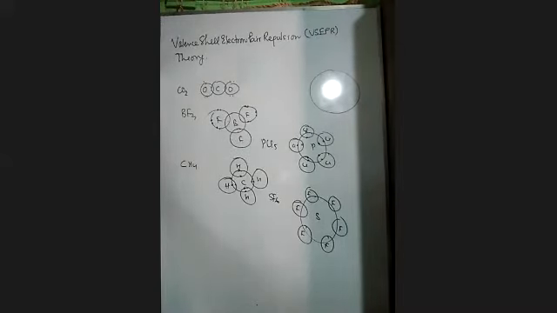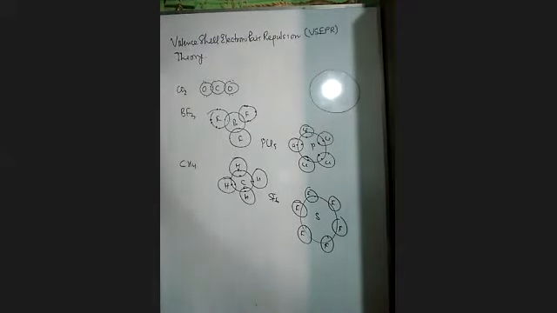All the electrons present in the valence shell may not participate in bonding. So after the formation of a molecule you will find two types of electrons. Some electrons have taken part in chemical bonding, we call them bond pair. And some electrons do not participate in chemical bonding, we call them lone pair.